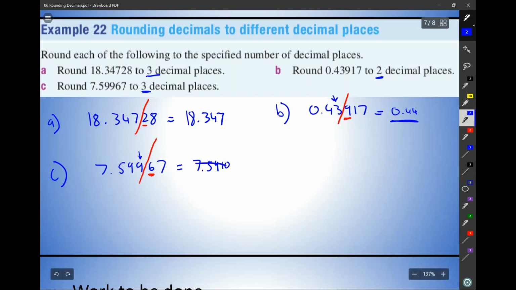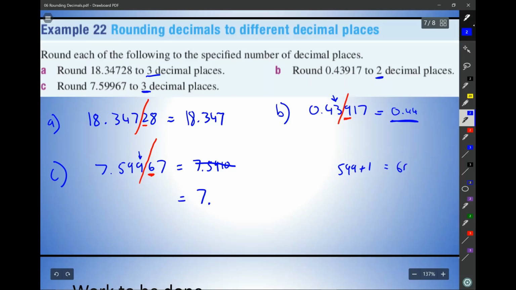What has to happen is this number here after the decimal point, 599, needs to be increased by 1. So what is 599 plus 1?